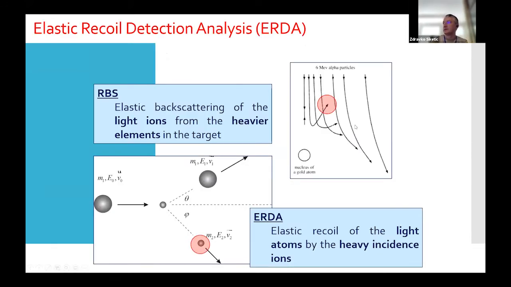You can see here that was for backscattering, and now we have a slightly different configuration. We have a heavier mass which hits a lighter mass, and then you recoil this mass. Also, the primary ion beam is forward scattered by the constituents inside the sample.